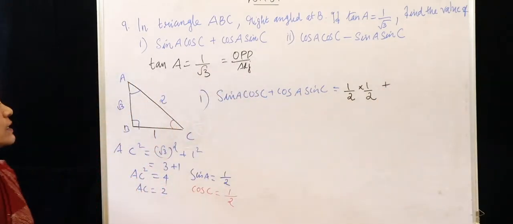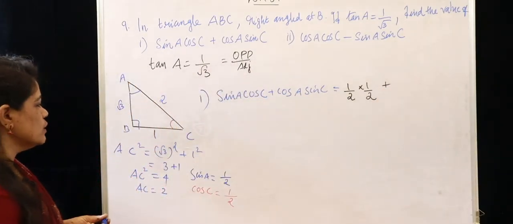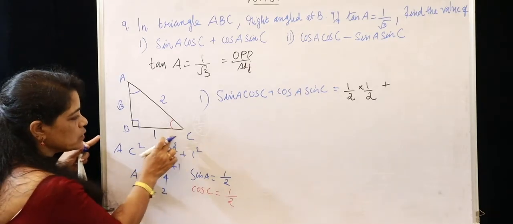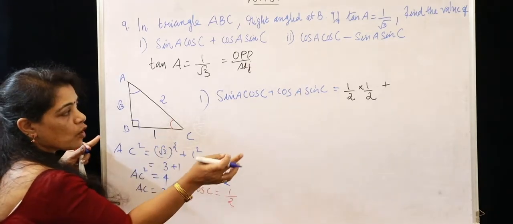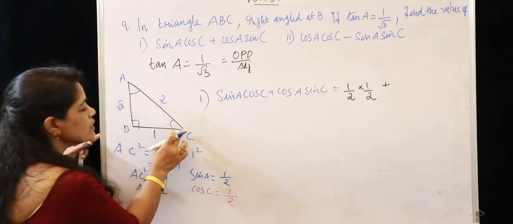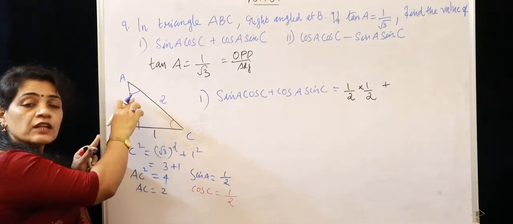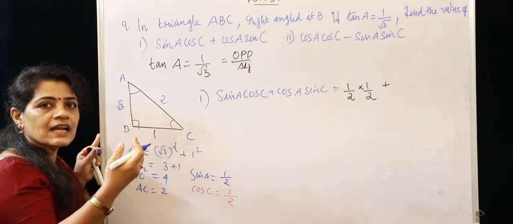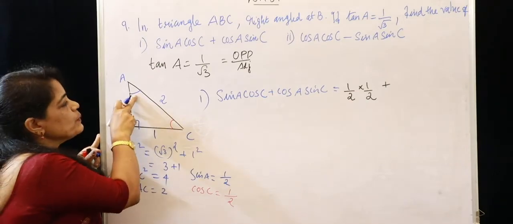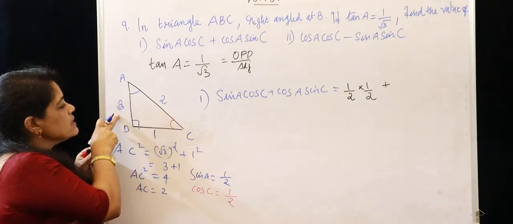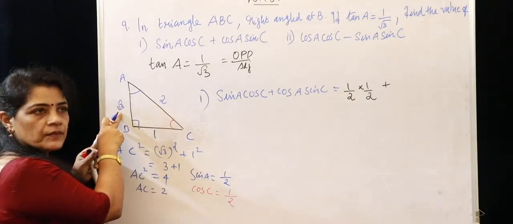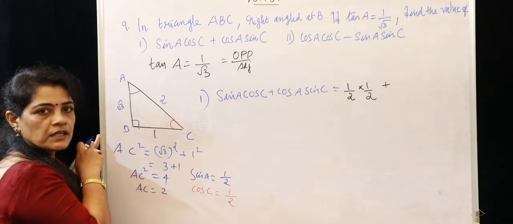Now, what is cos A? If we need cos A, we have to take the reference angle as A. So with respect to angle A, adjacent side is root 3 by hypotenuse. Understood children?